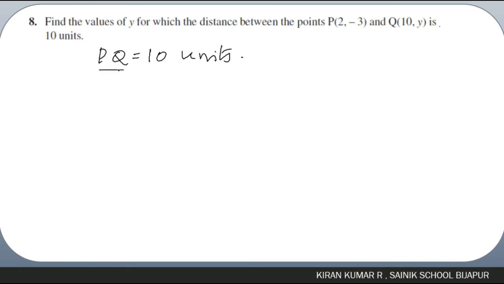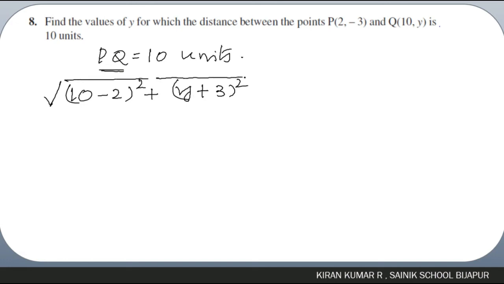Let's find PQ using the distance formula. It is root of (10 minus 2) whole square plus (y minus of minus 3, which is plus 3) whole square equal to 10.